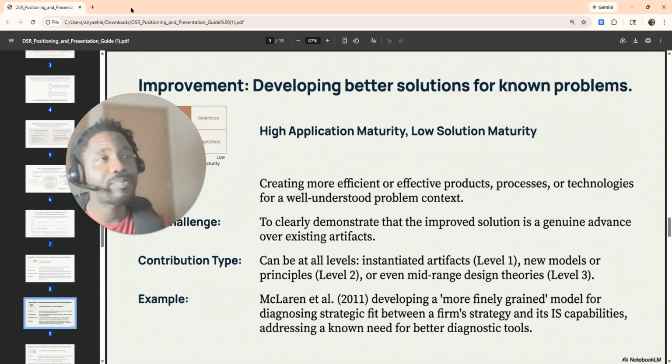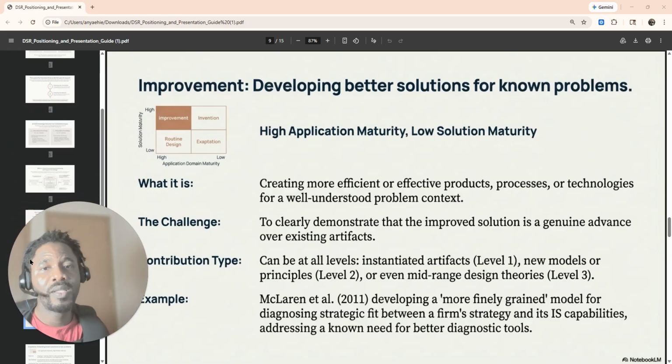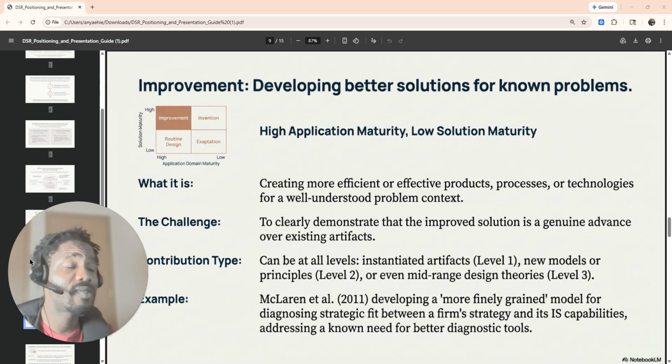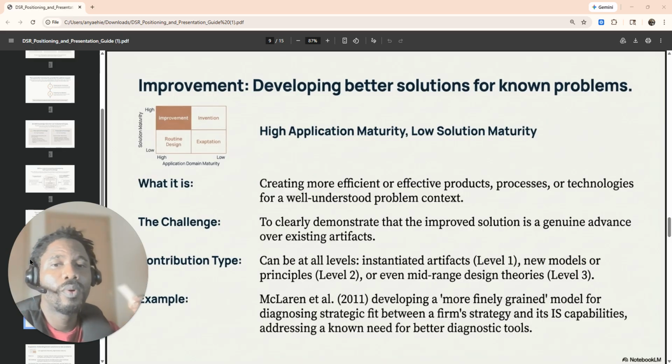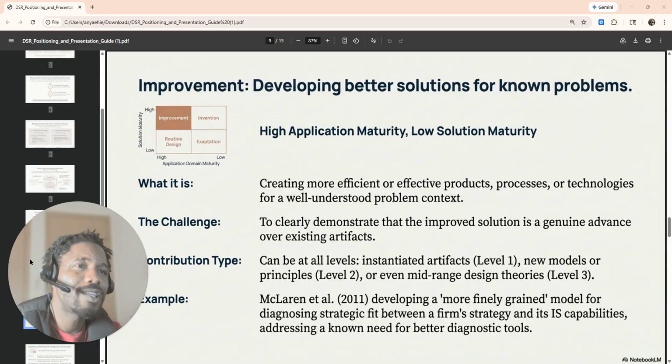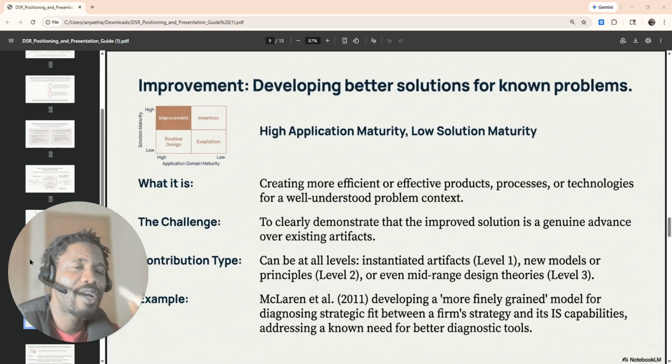That's the improvement. This is where most of our research lives, or most of the research you see in design science right now. Here the application maturity is high. People are using it, right? And we know the problem. We understand the problem we are trying to solve, but the solution maturity is low, and current solutions aren't good enough.